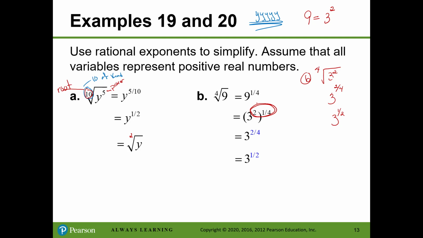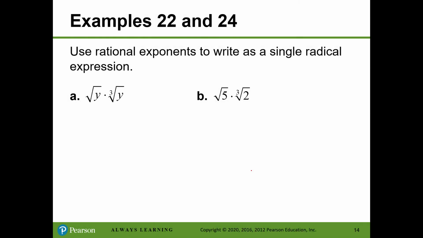So it's your choice to rewrite the radical first or to rewrite the 9 first like we did. Now again, if they want it written with an exponent, you would leave it as 3 to the 1/2 power. If they want a radical, then they will tell you, which means you're dealing with the square root of 3. Cool? Okay, let's check it out.